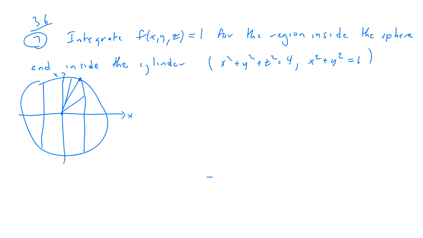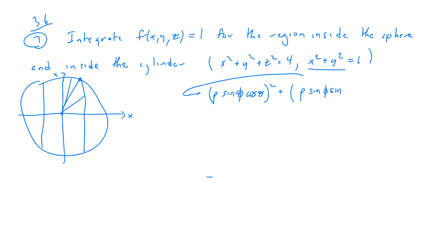Also, if you think about it, if I had this and I want to put that into spherical units, well, that would be x is equal to rho sine of phi cosine of theta squared plus y is rho sine of phi sine of theta squared.